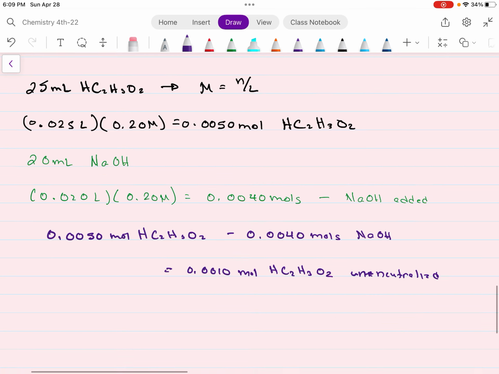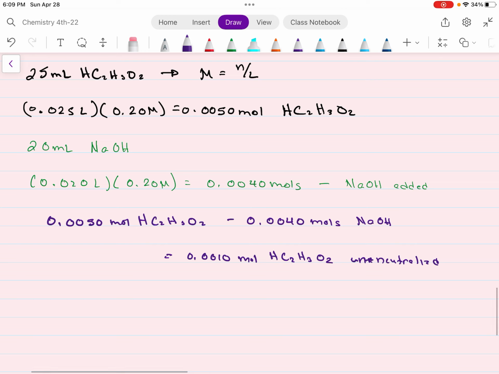But what that means is that 0.004 moles of acetic acid have released 0.0040 moles of acetate, right? The acetate is the anion. Remember, it's this one.